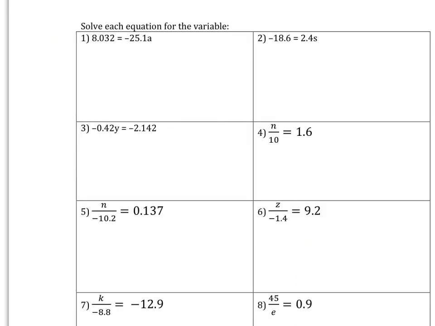We're going to solve each equation for the variable, so we're going to do a few of these. Number 1, the first thing that we're going to want to do is identify our variable, and that is our A. So we're going to divide both sides by negative 25.1 to get our variable by itself.